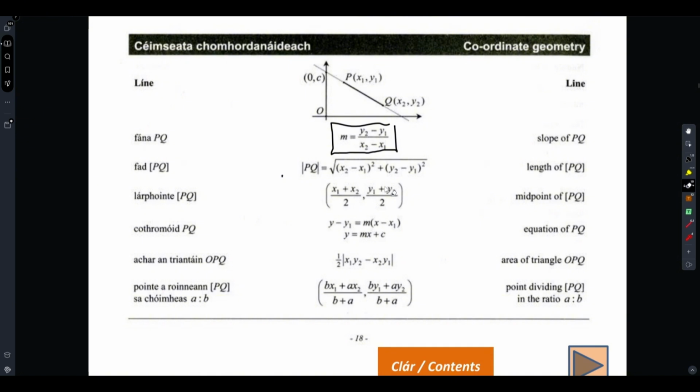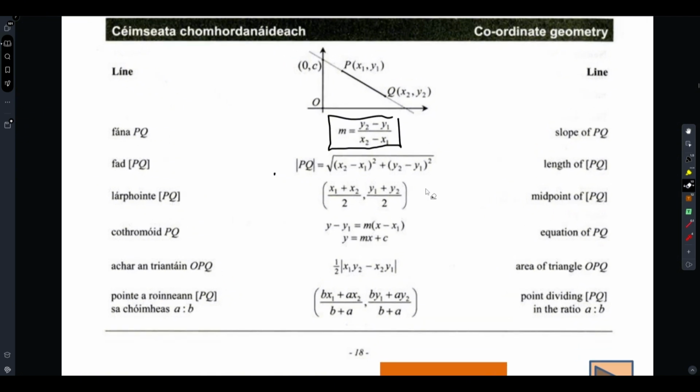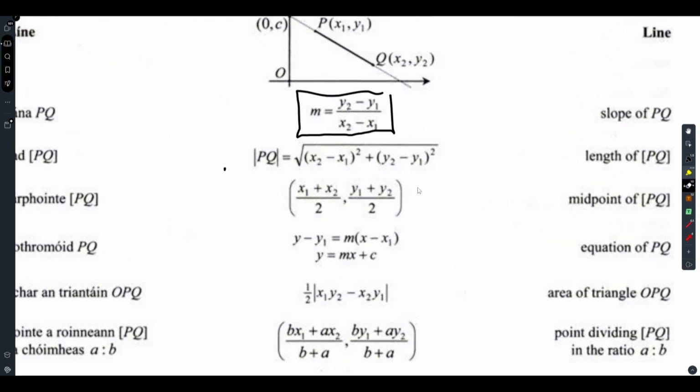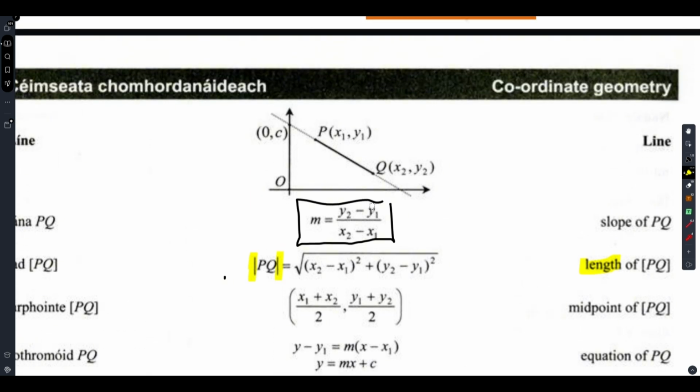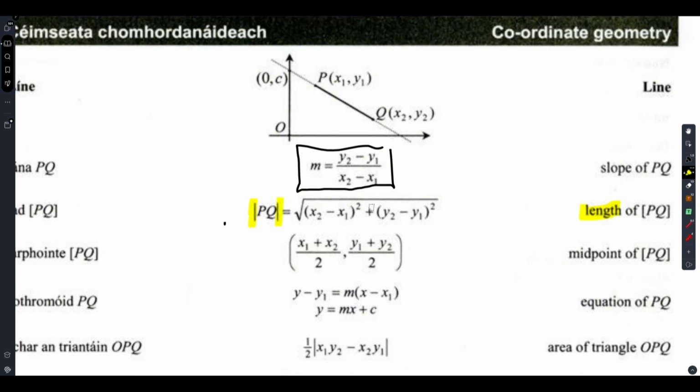Now one thing, if you do see it and you get confused, one thing to note here is that with the distance formula, which they say length in the log tables, we have those bars there, right? So we have a diagram above, we have some point P, some point Q, and they're saying bars PQ, which means the distance from P to Q is given by this formula right here.